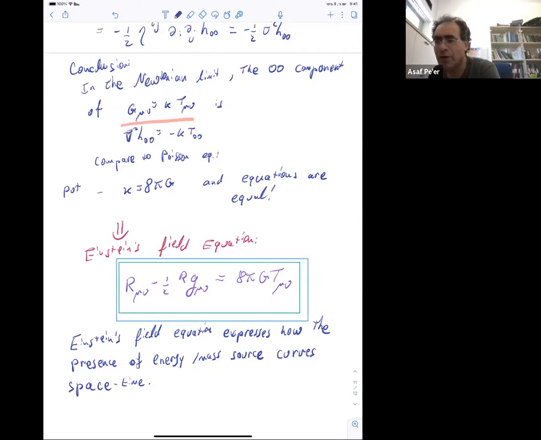Essentially, we got to the focal point of this course right now. Pretty much what we're going to do from here on is to find solutions to this equation.